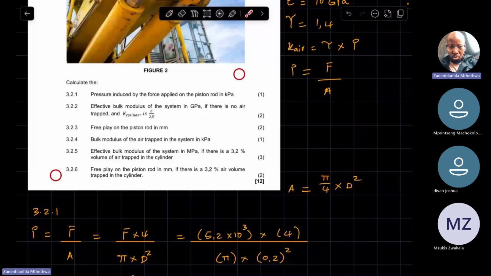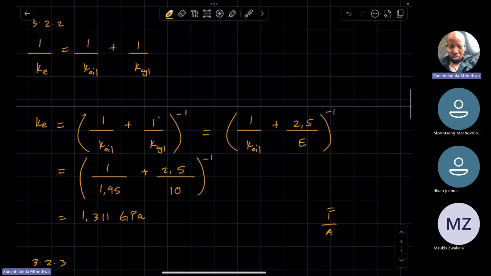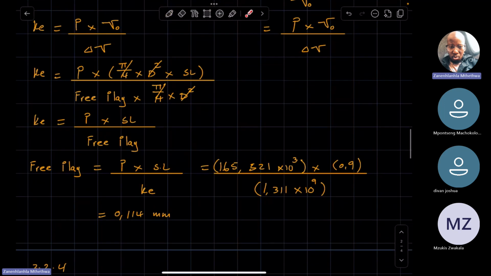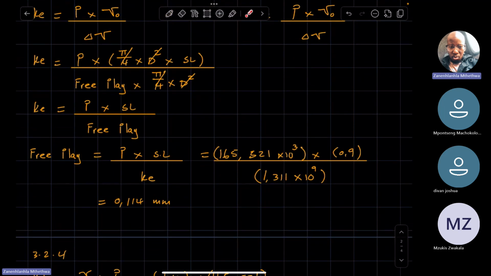Okay, so now they want us to calculate the clearance, if essentially our effective bulk modulus is the one we've just calculated. Right. Remember, at this point we've already established that mathematically the free play will be equal to this.